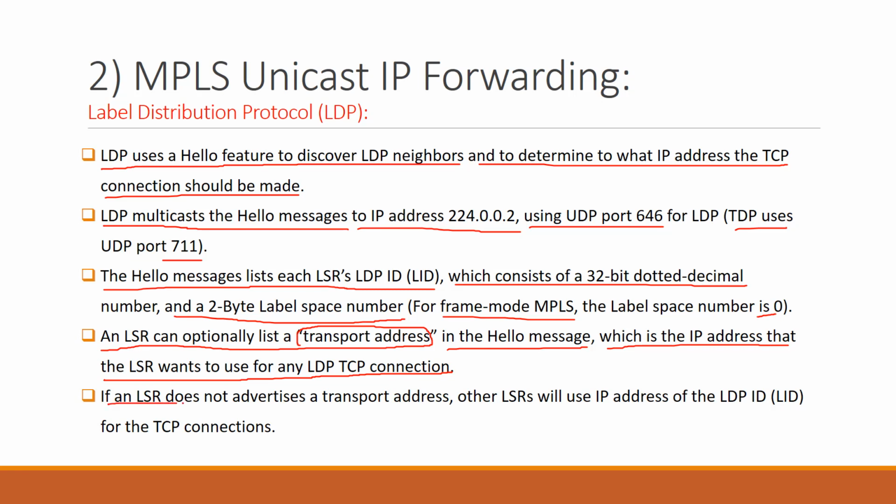So if an LSR does not advertise a transport address, other label switch routers will use the IP address of the LDP ID for the TCP connections. So optionally, you can configure the transport address or not. If you do, it will be used for the TCP connections. If it is not configured, the other LSRs will use the LDP ID address for the TCP connection.